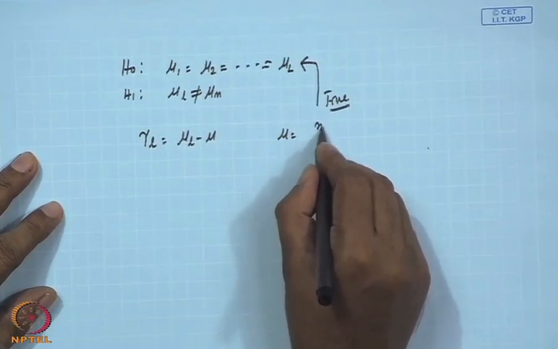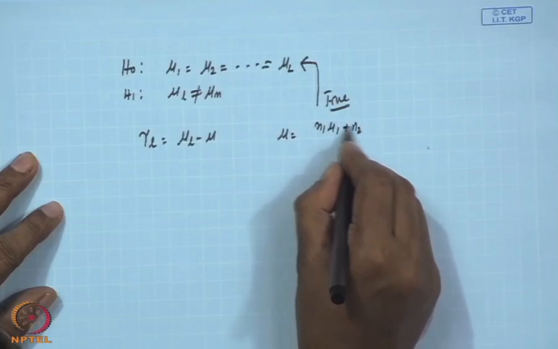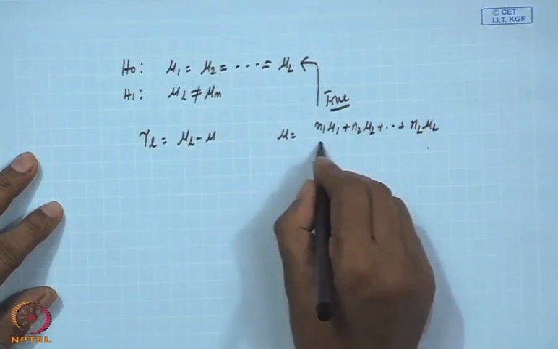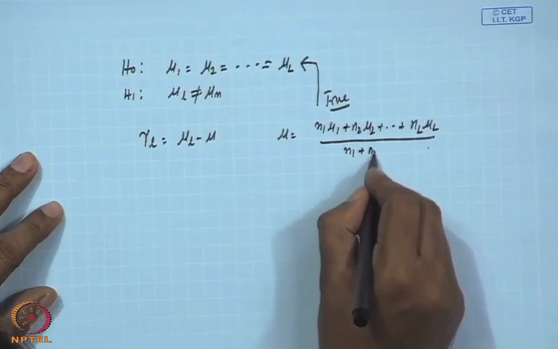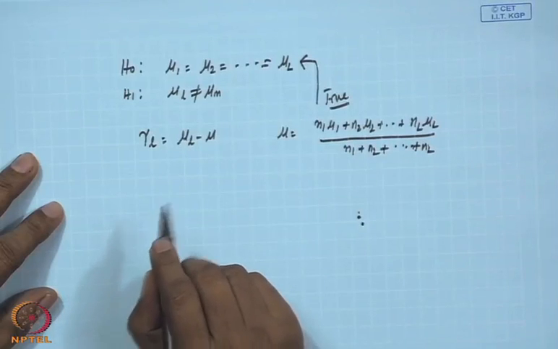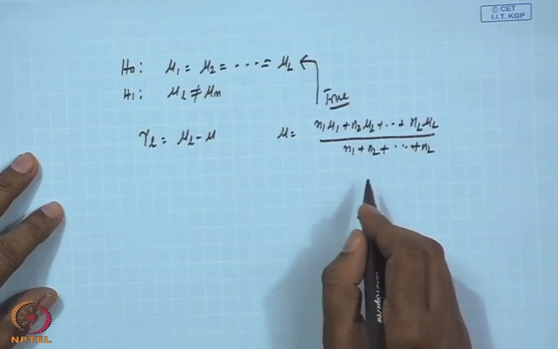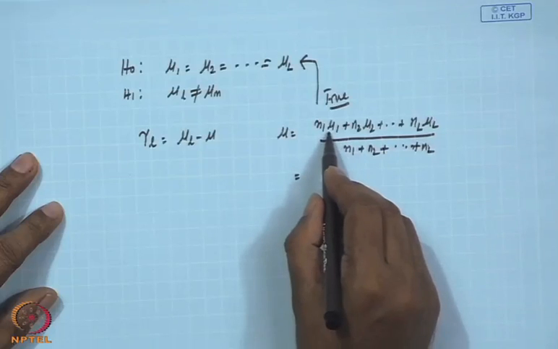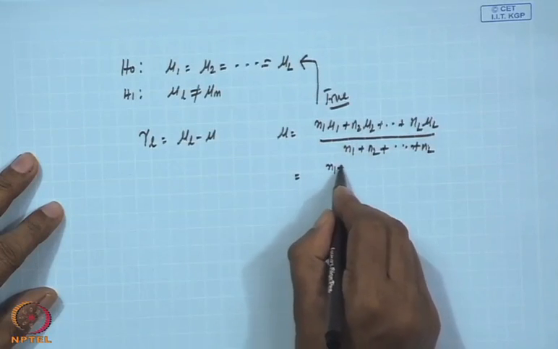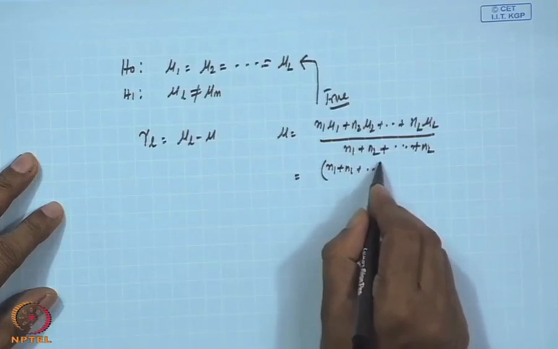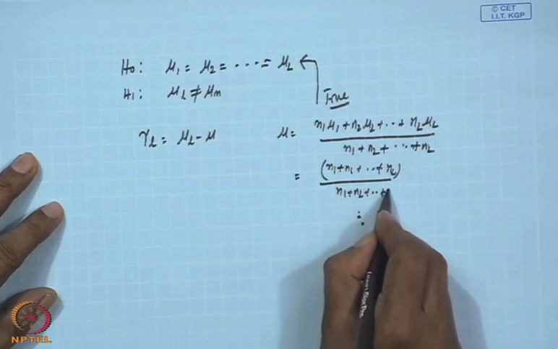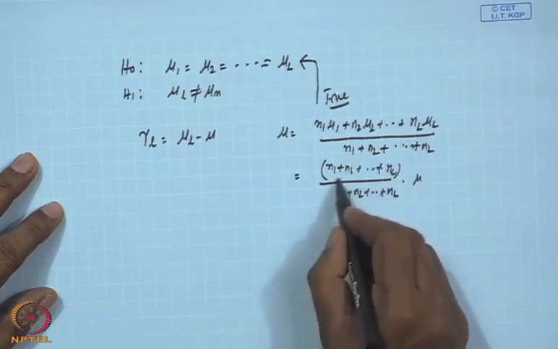Grand mean will be n1 mu 1 plus n2 mu 2 plus dot dot dot n L mu L divided by n1 plus n2 plus n L. If all means are equal, then we can write mu 1 equal to mu 2 equal to mu L. So, it will be (n1 plus n2 plus dot dot dot plus n L) by (n1 plus n2 plus n L) into mu, because this will be cancelled out.